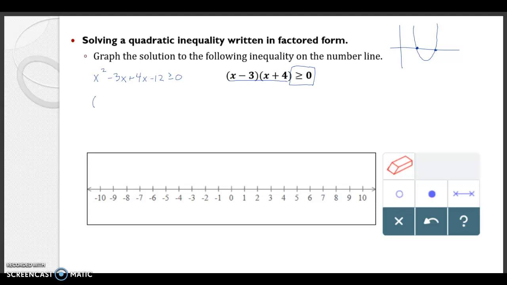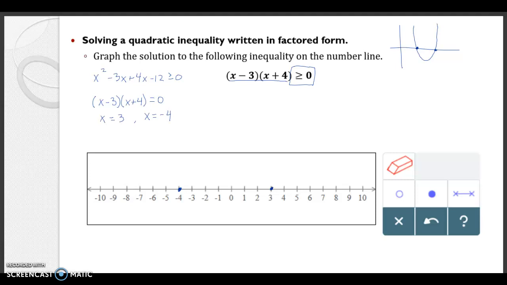Well, that change is going to take place wherever my function is equal to 0. And that's going to happen at x equals 3 and x equals negative 4. So think of those almost as boundaries or critical points where my graph is changing from above the x-axis to below the x-axis. So we're going to have one at negative 4 and positive 3. Something's happening there.